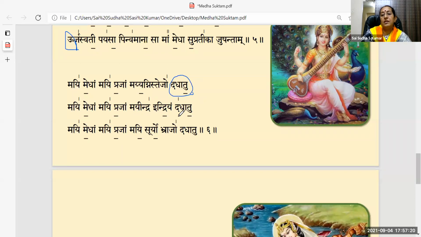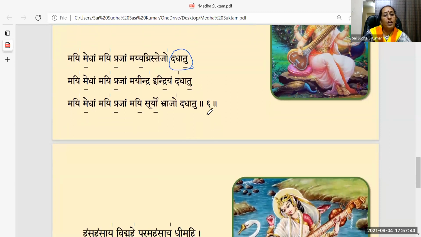Na is the Anunasik sound, different from the ordinary na we say. So here it has to be a nasal sound: Indriyan Dadhatu. This Anunasik sound has to be heard properly while chanting.